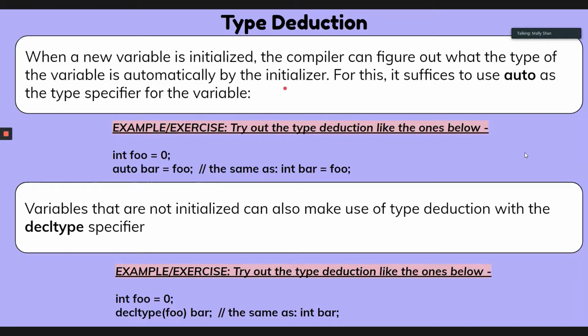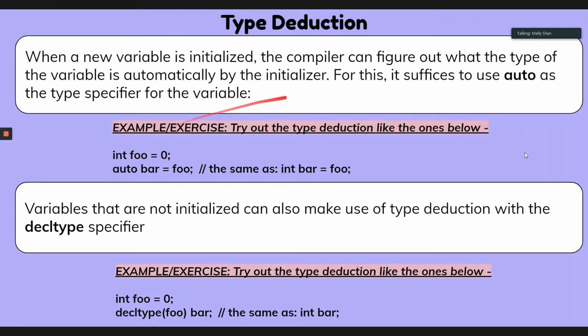So in your initializer, you can use auto as the type specifier for the variable. So you can try writing this out on your own Replit or MinGW compiler, and again, you should get the same results. Nothing will change, and nothing will happen either, because all we're doing is still just initializing variables and creating these variables. And I'm showing you the different ways that you can do so.